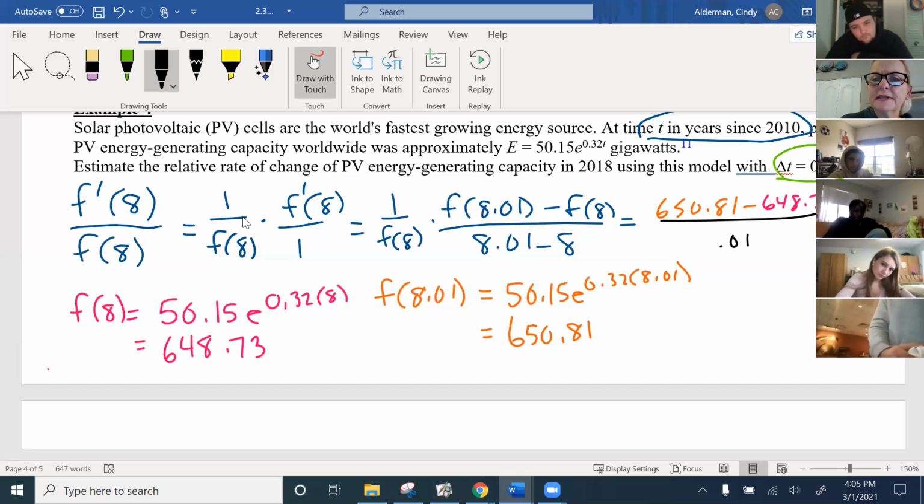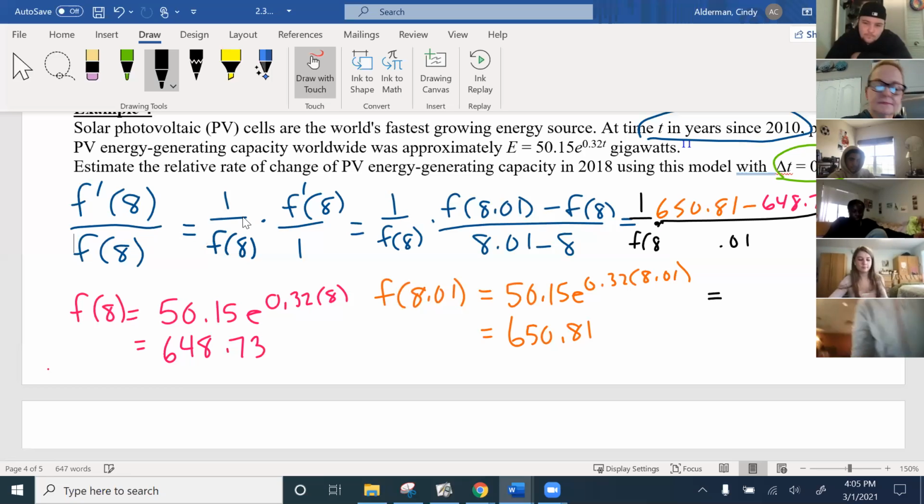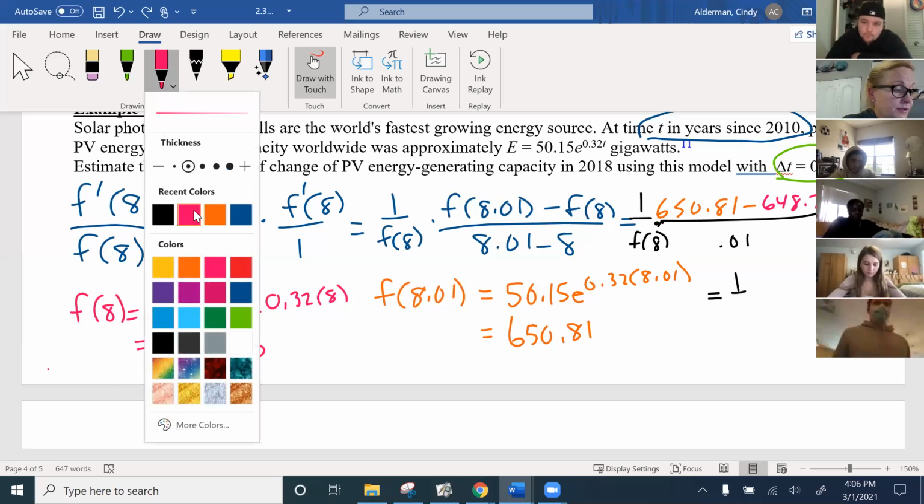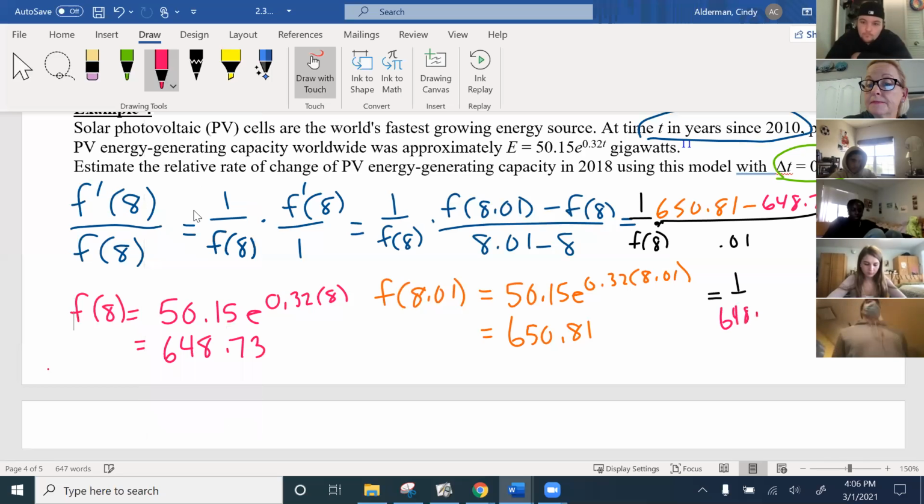Oh, and I forgot 1 over F of 8. So 1 over F of 8 is, we know it's 648.73, times this, which would be 2.08 over 0.01.